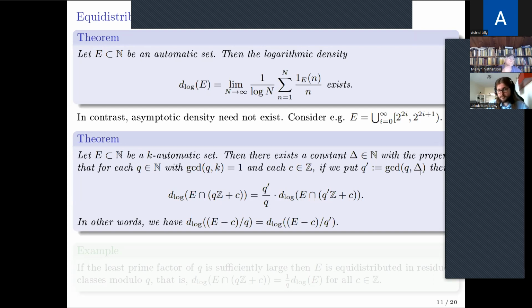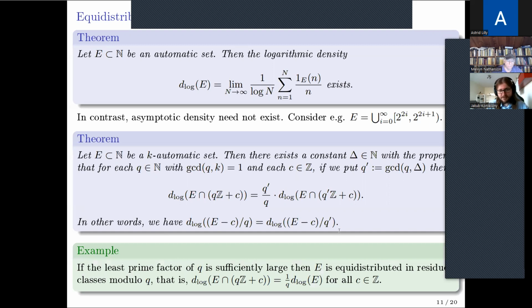So in particular, it's at most delta. A slightly more elegant way of stating this fact is that E minus c divided by q has the same density as E minus c divided by q prime, with q prime as above. As a particular case, each automatic set is equidistributed in residue classes modulo each sufficiently big prime.